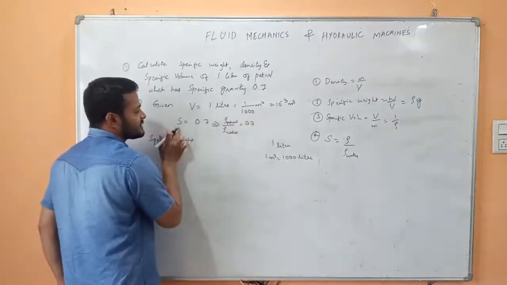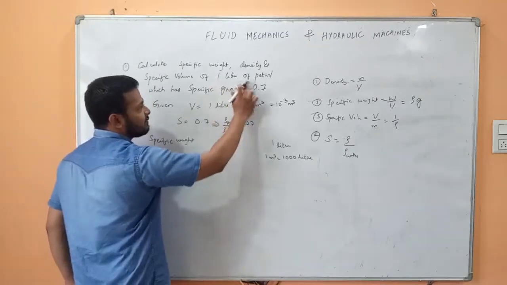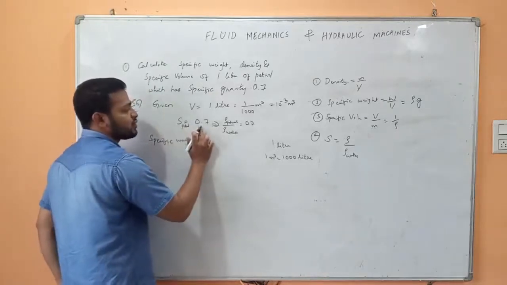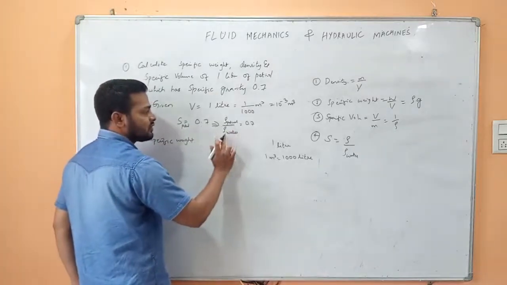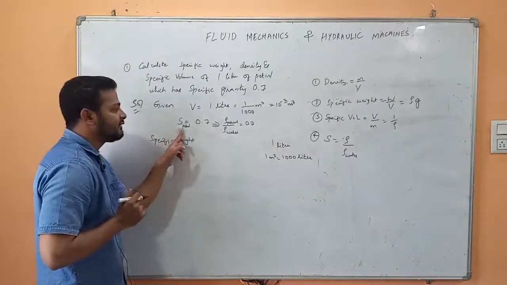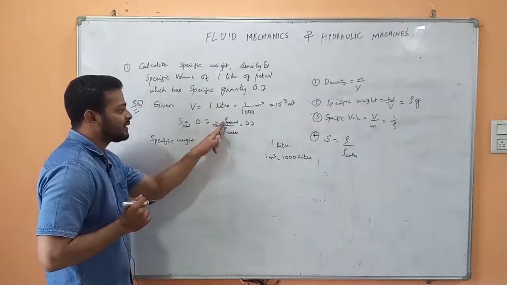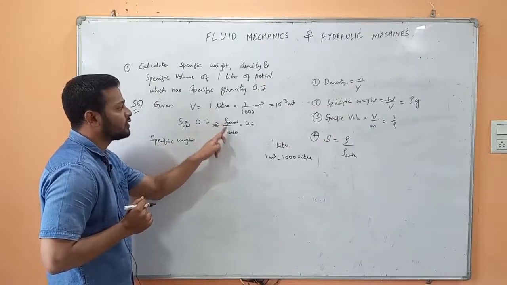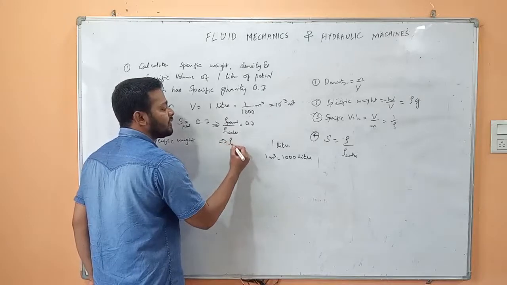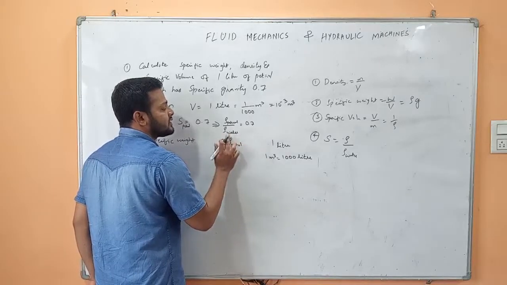What is the formula of specific gravity? So specific gravity of petrol has been given in the question. So specific gravity of petrol is equal to 0.7, which means density of petrol by density of water is equal to 0.7, because the formula of specific gravity is density of that matter by density of water. What is the density of water? 1000.